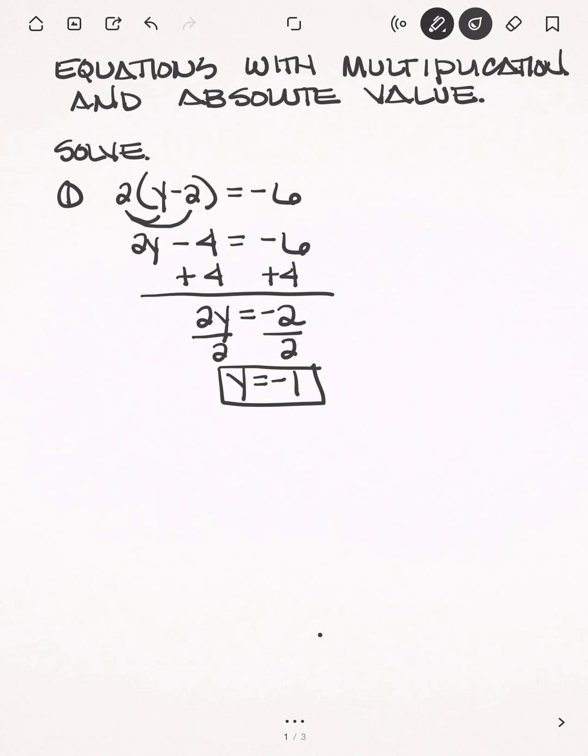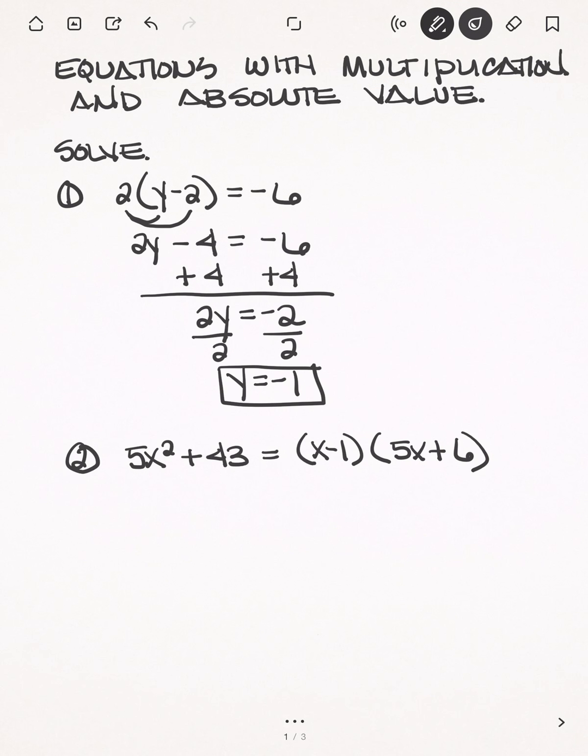All right, the next equation looks like this. Number 2. We have 5x squared plus 43 equals parentheses x minus 1 times 5x plus 6.